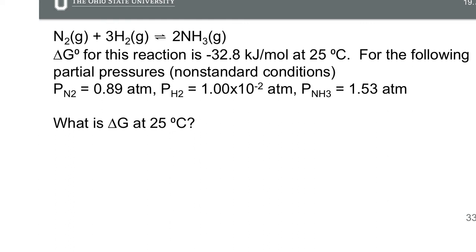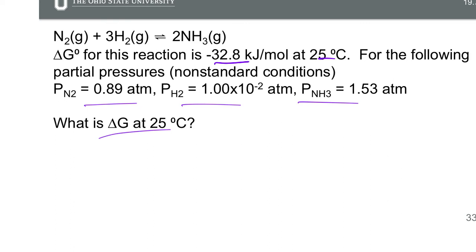Delta G naught for this reaction is minus 32.8 kilojoules per mole at 25 degrees Celsius. So for these partial pressures, which signifies we're at non-standard conditions, right? Because if we were at standard conditions, all the partial pressures would be 1 atmosphere. For non-standard conditions, with these partial pressures, what is delta G at 25 degrees Celsius?